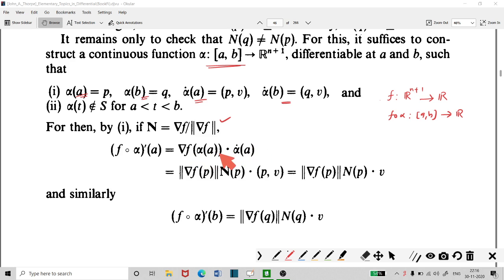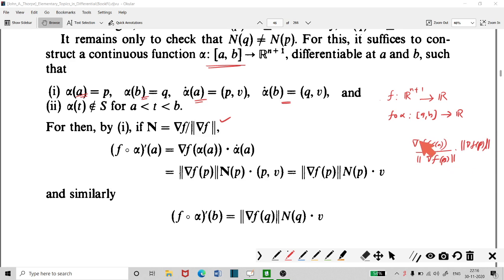Then del f of alpha of a, by considering the norm divided and multiplied by norm, you can write this as norm del f of p into n of p. That is because of del f of alpha of a divided by norm of del f of alpha of a, that is alpha of a, that is p.